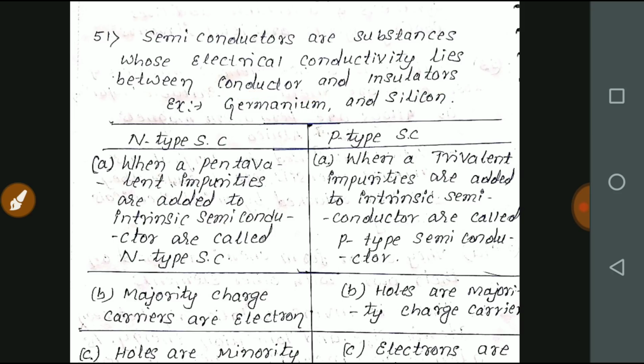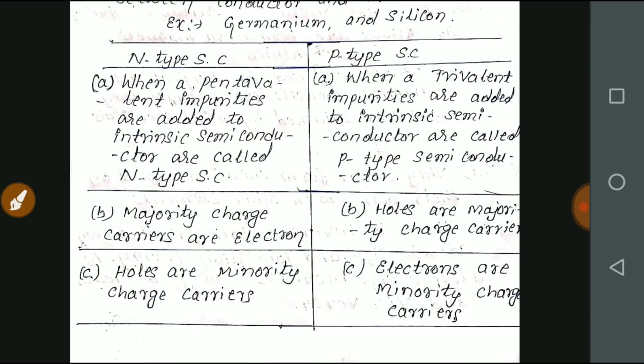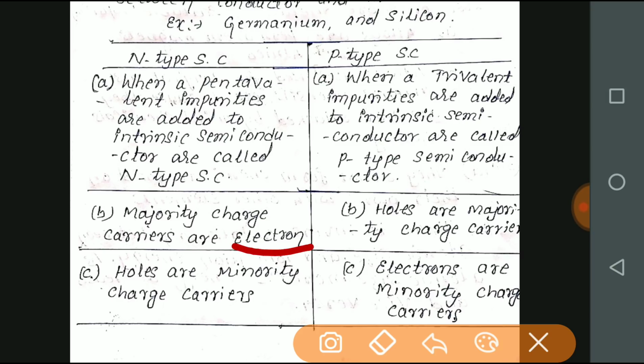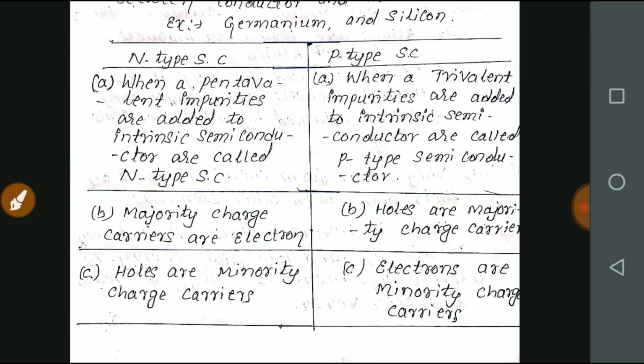Next point: in N-type semiconductors, majority charge carriers are electrons, whereas holes are the majority charge carriers in P-type semiconductors. Another difference is that holes are minority charge carriers in N-type semiconductors, and electrons are minority charge carriers in P-type semiconductors. Now, let us move to the next question.